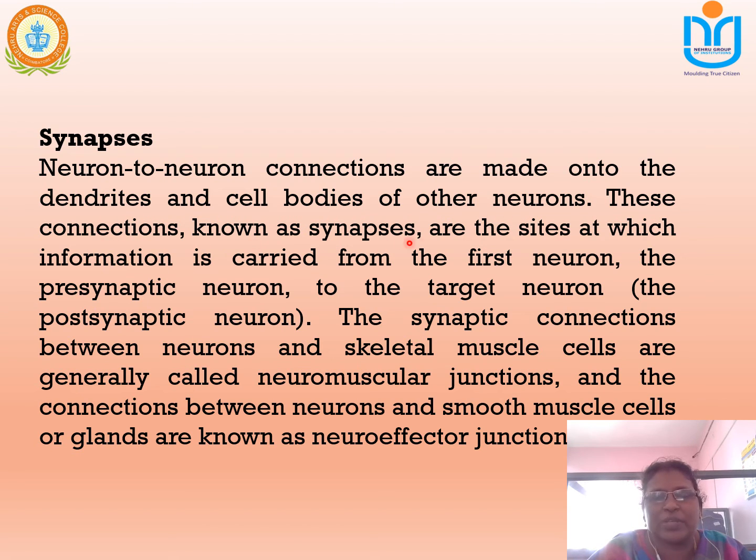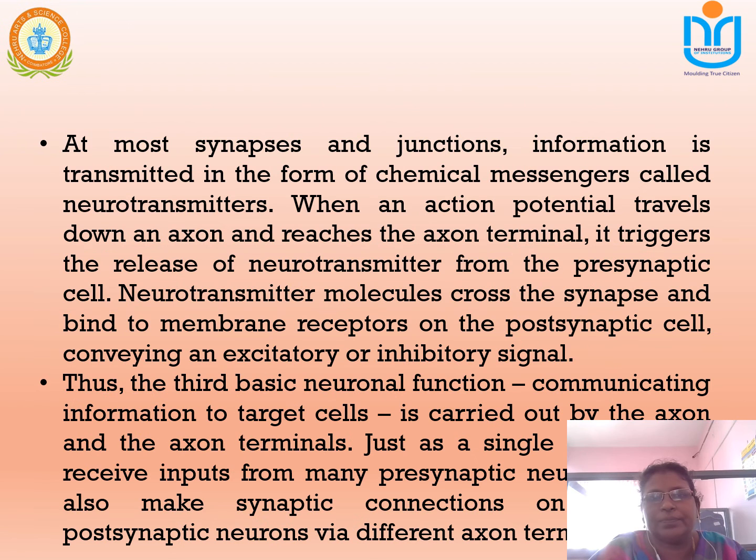These connections are known as synapses. The site at which information is carried from the first neuron, the presynaptic neuron, to the target neuron is known as the postsynaptic neuron. The synaptic connections between neurons and skeletal muscle cells are generally called neuromuscular junctions, and the connections between neurons and smooth muscle cells or glands are known as neuroeffector junctions.